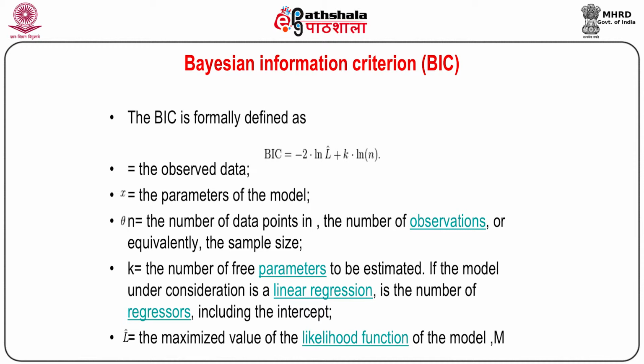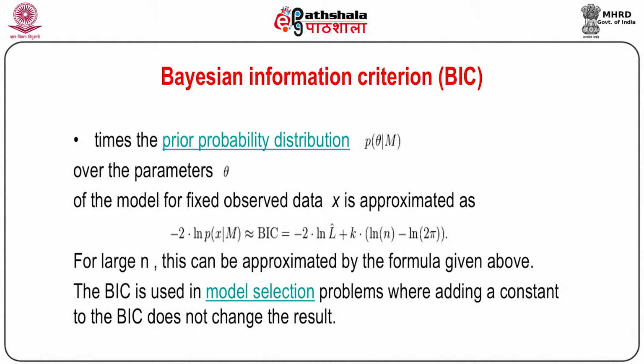That is, the integral of the likelihood function P(x given theta, m) times the prior probability distribution P(theta, m) over the parameter theta of the model, for fixed observed data x, is approximated as -2 times log of P(x given m), which is exactly equal to BIC, and which is equal to -2 times log L hat plus k times log of n minus log of 2 pi.